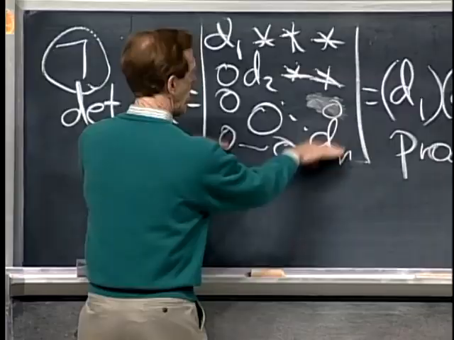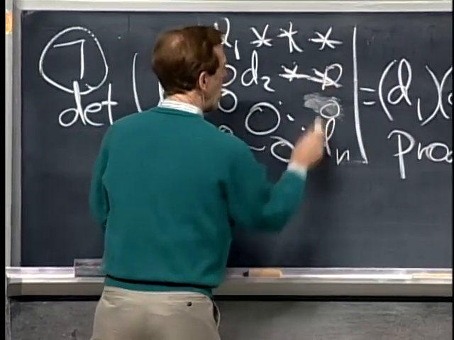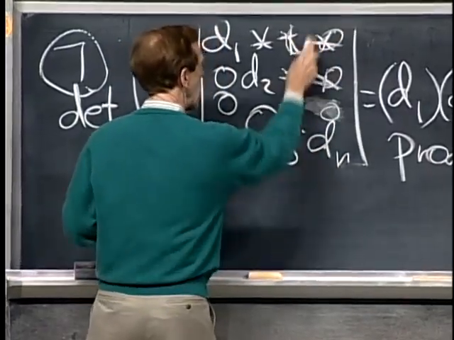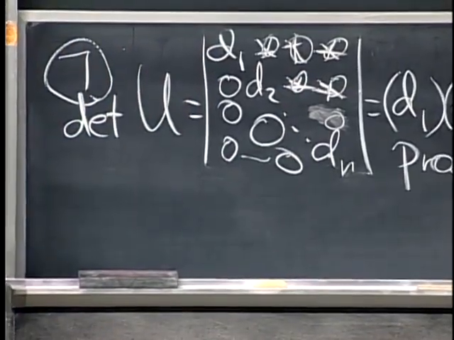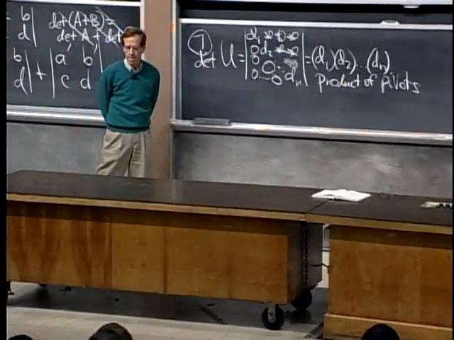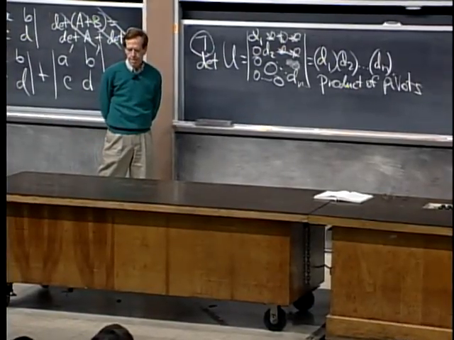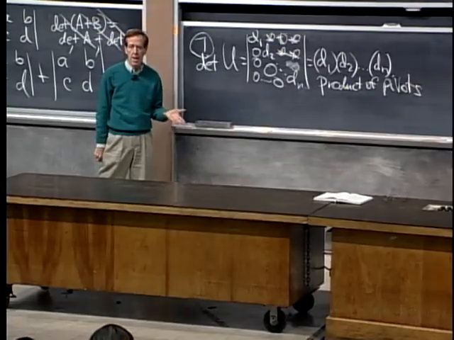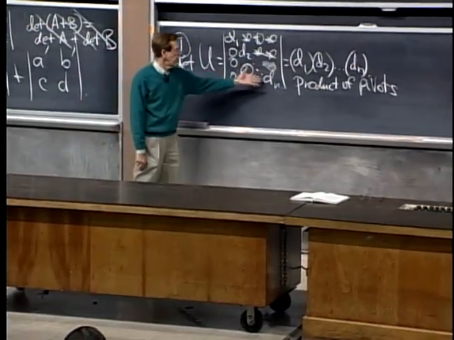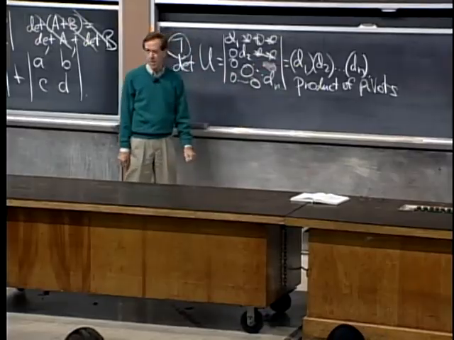I multiply this row by the right number, kills that. By the right number, kills that. I can kill every one of these off-diagonal terms, no problem, and I'm just left with the diagonal. Well, strictly speaking, I still have to figure out why, for a diagonal matrix now, that is the right determinant.